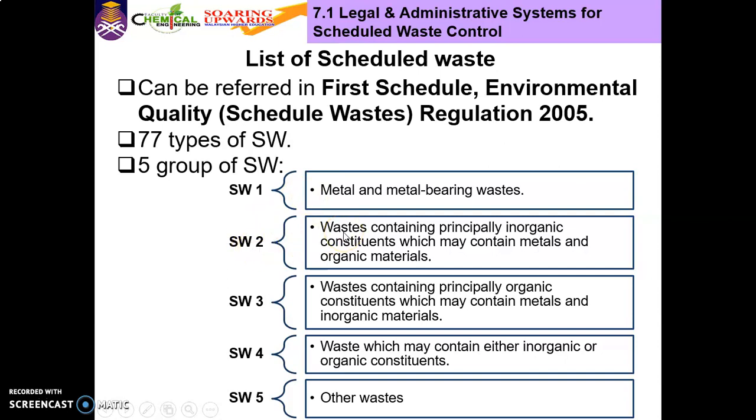SW2 involves waste containing principally inorganic constituents. SW3 is waste containing principally organic constituents. SW4 is waste which may contain either organic or inorganic constituents. And SW5 contains other waste. Altogether, there are 77 types of scheduled waste codes.